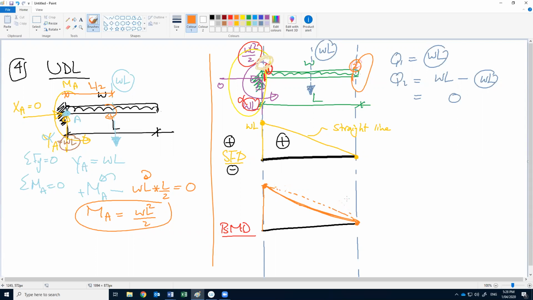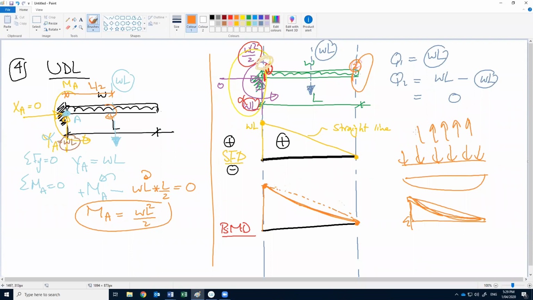And another thing: because our force is like this, the parabola should be like this, or if it's a cantilever, like this, because the load is downward. If the load is upward, what do you think the parabola will be? Convex. Yes.